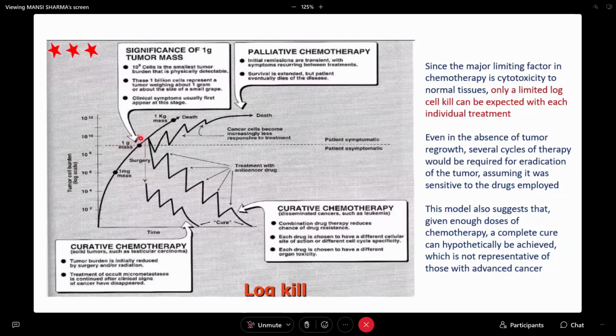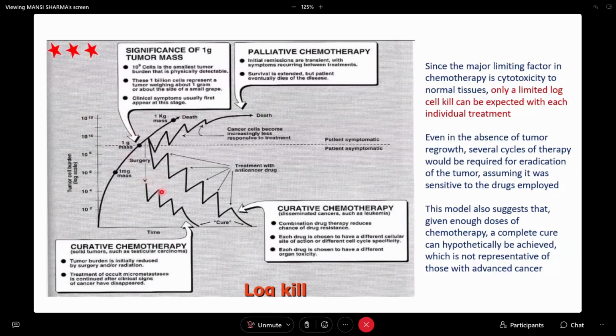A 1 gram mass is usually when it becomes clinically palpable, and this happens at around 10 power 9 cells in the tumor. And from there on, it's a very short jump to 10 power 12 cells, which is basically consistent with death. This is where the tumor exceeds its carrying capacity, right?